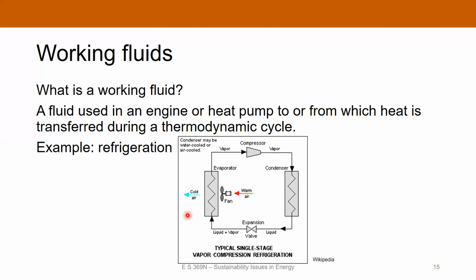But when you start thinking about using these fluids in some kind of a heat pump where you're operating at higher temperatures, for example, in geothermal energy, which we'll talk about in a few weeks, you can start looking at using things like ammonia or carbon dioxide, which have higher boiling points, but they can be used in a heat pump that's operating at those higher temperatures, say, for instance, in a geothermal power plant. So there's a lot of different potential here.